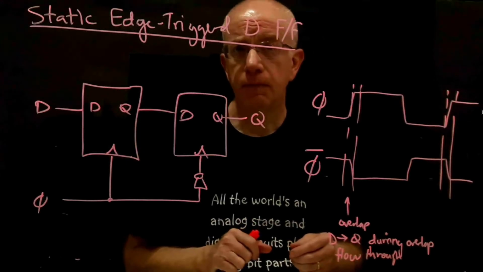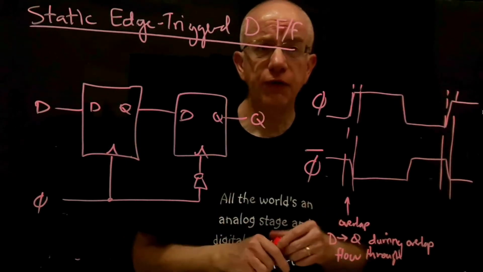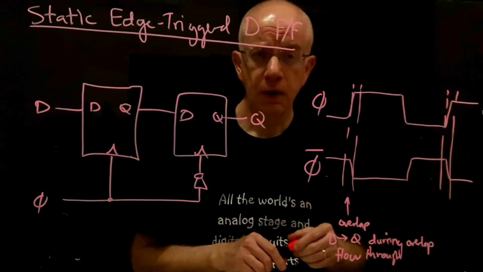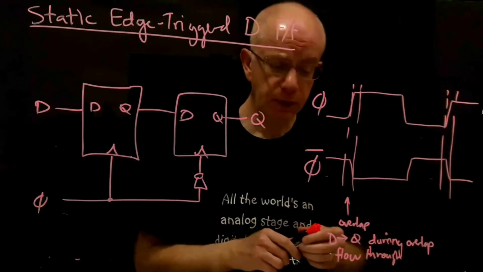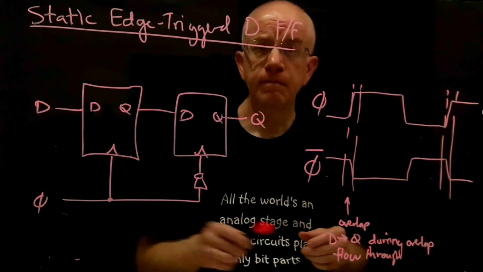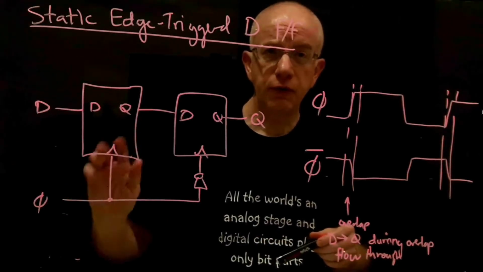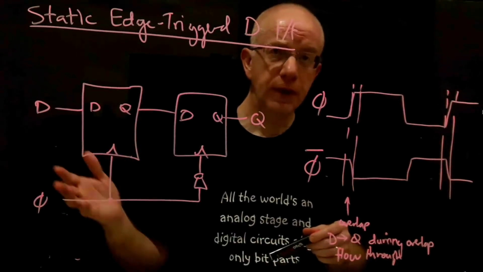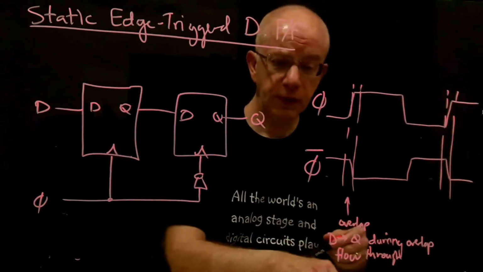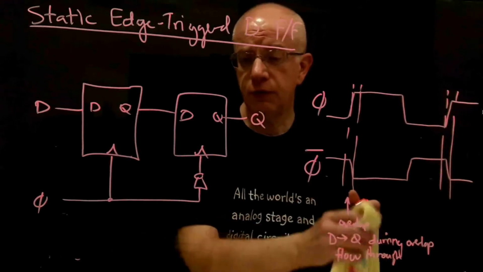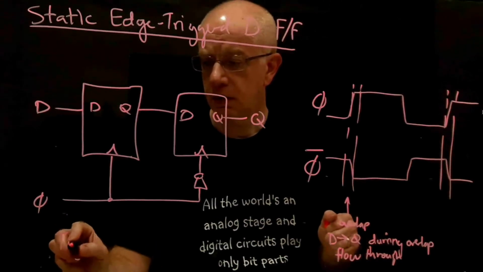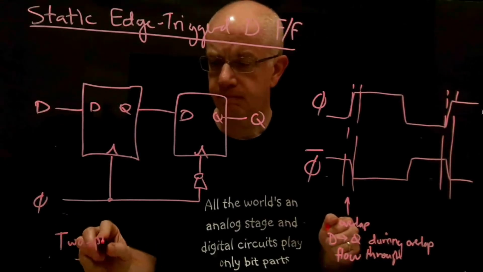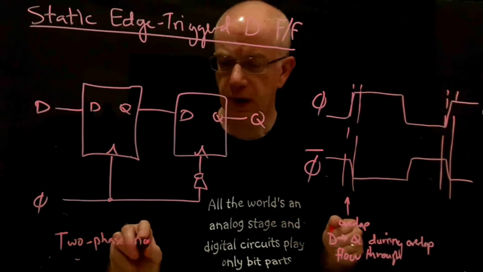So one classic solution to this problem is, instead of having a clock and a local complement of the clock, or worse yet, the clock and its complement distributed, let's say from the edge of a long shift register or something like that, to use a two-phase non-overlapping clock.